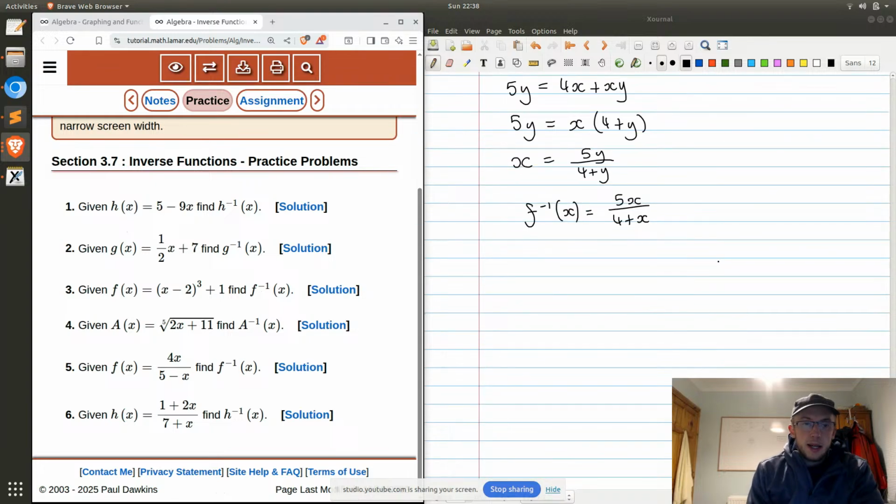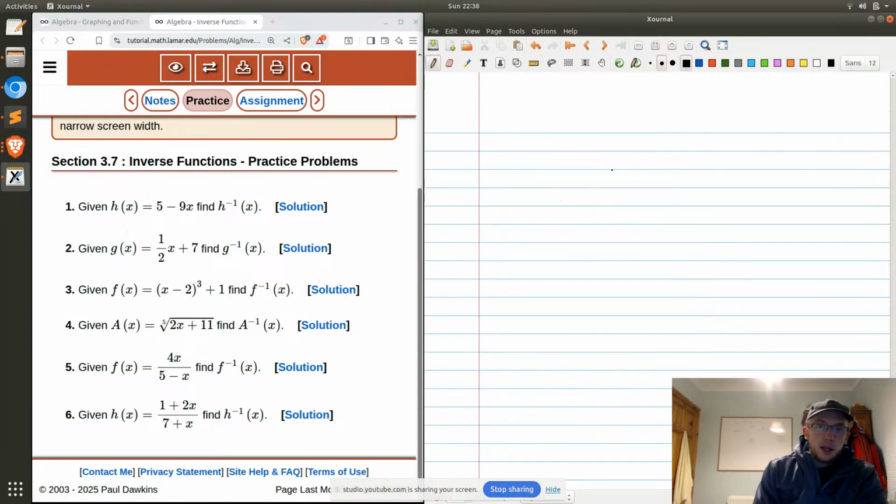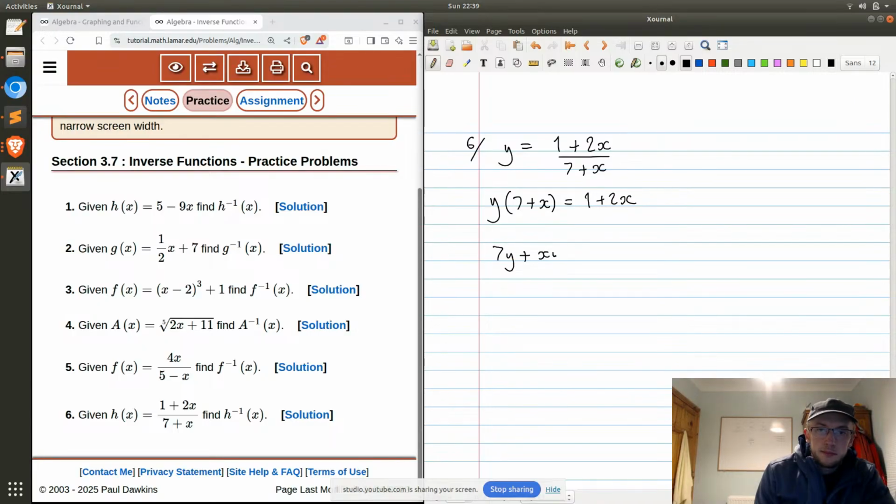All right, last of all, we have the sixth problem here. So we begin again. Y equals 1 plus 2x all over 7 plus x. Multiply. Expand. Bring everything mentioning x to one side and everything else to the other side.